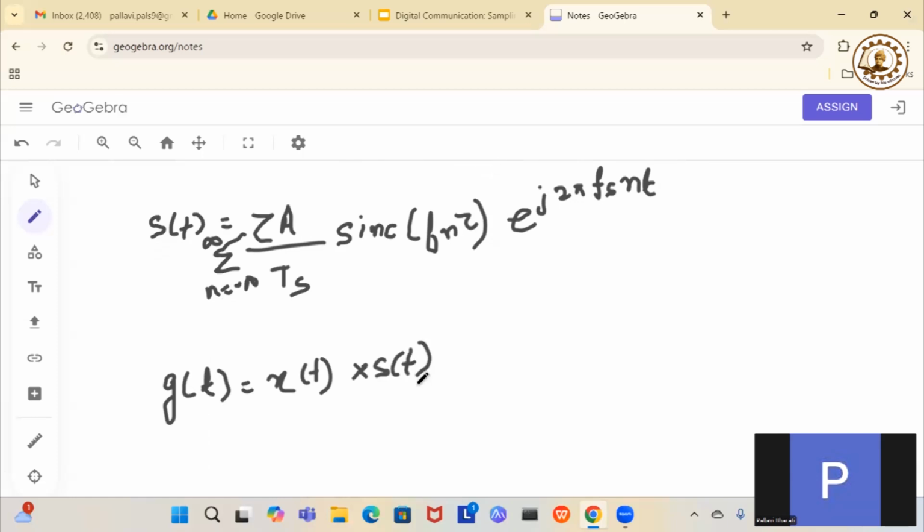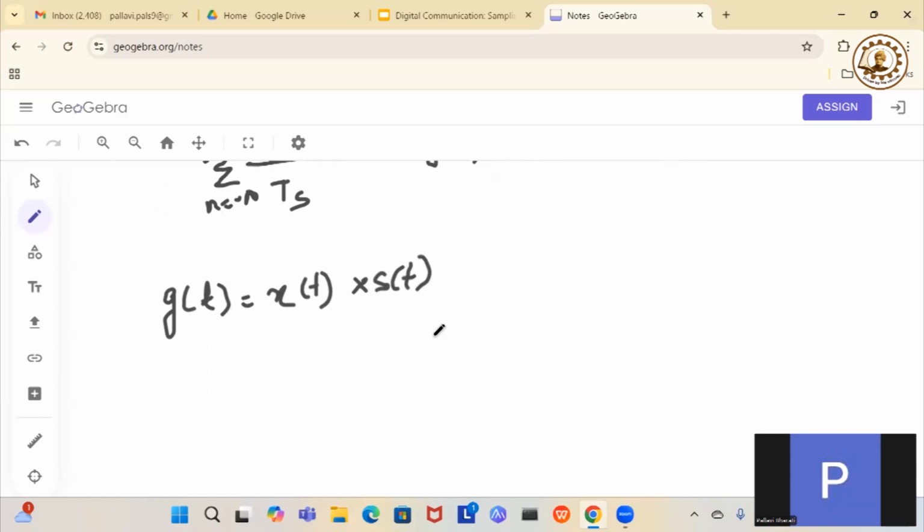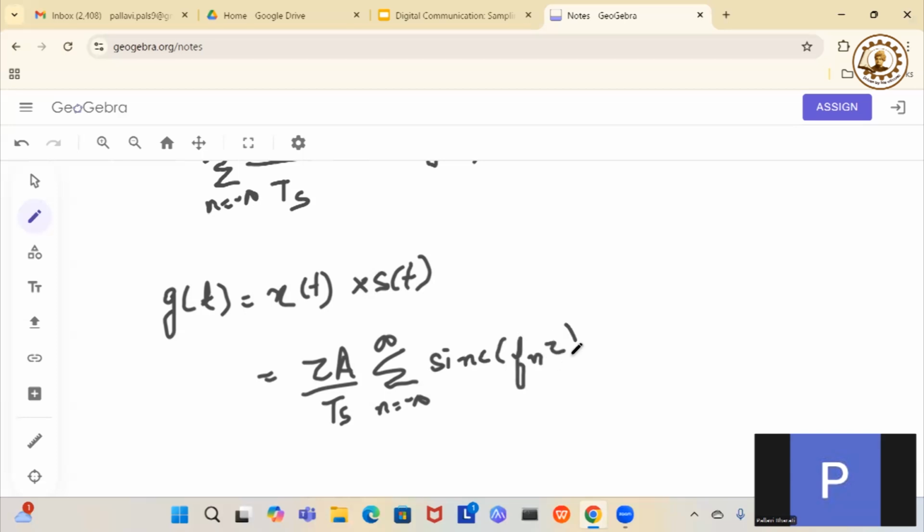So the sampled signal in this case is going to be tau A by Ts, n equal to minus infinity to infinity. The same things I'm writing, only x(t) will be multiplied. Sinc(f_n tau) e to the power j 2 pi f_s n t.